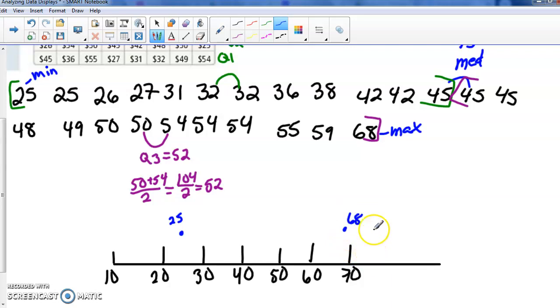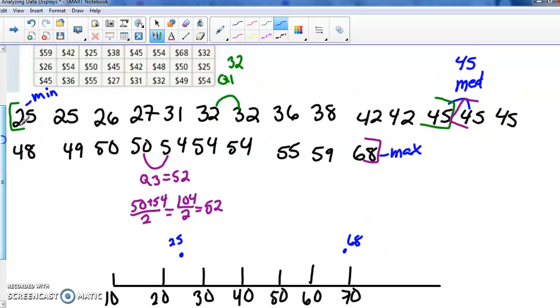Now, I have to put my lower quartile, which is that quartile 1 information, on here. And that was 32. So I'm now going to put an actual bar, which was my Q1, which was 32. Then I had my median of the entire information, which was 45. I'll put that bar here.